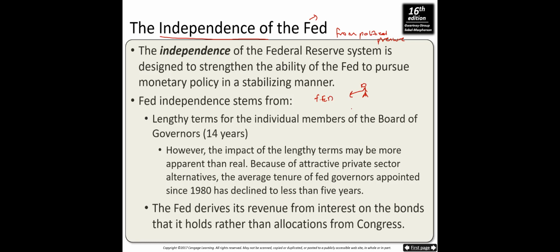Why? Because when they want to stimulate the economy, that means cheap credit and more money circulating in the economy, they want to put pressure on the Fed, saying that you should not decrease the amount of money. Instead, you should increase the money supply in the economy so that people spend this money, so that new jobs are created and the businesses are earning profit.